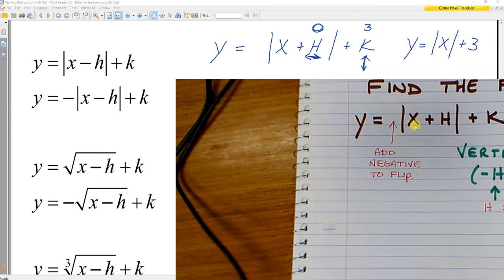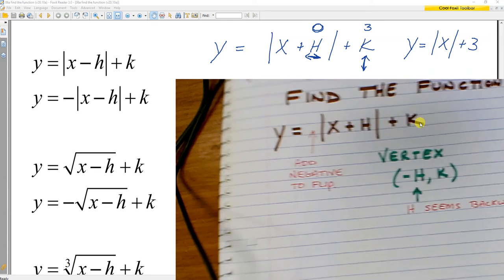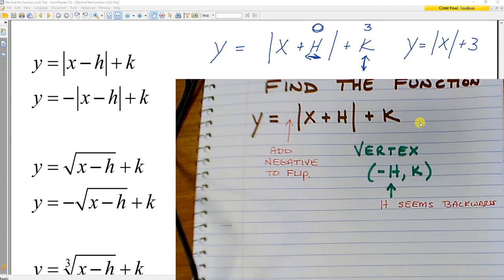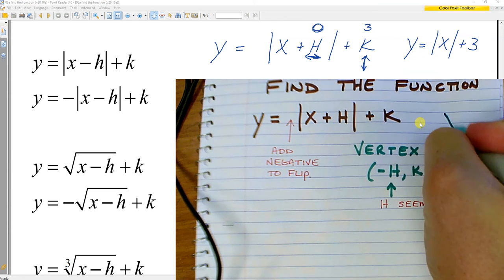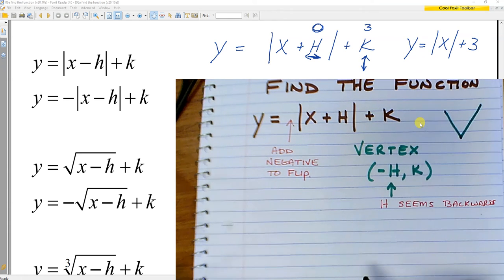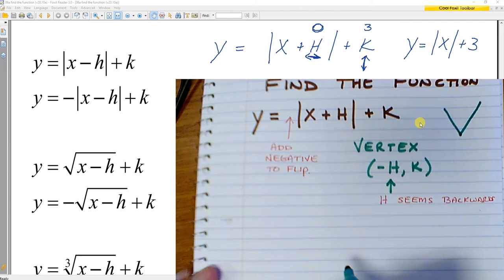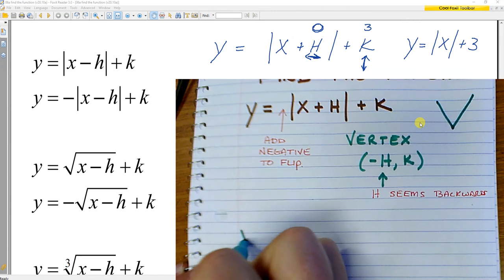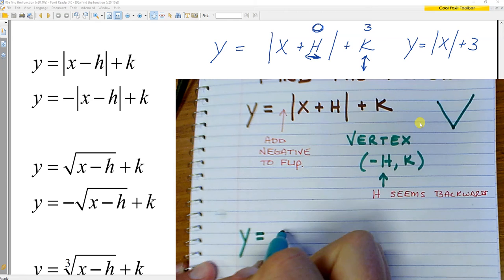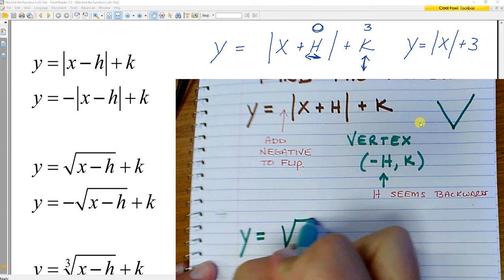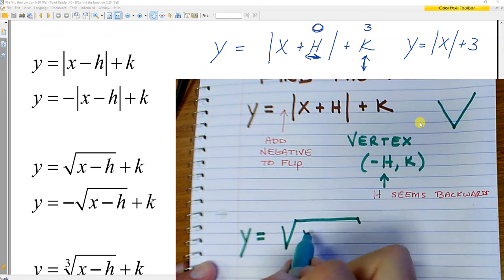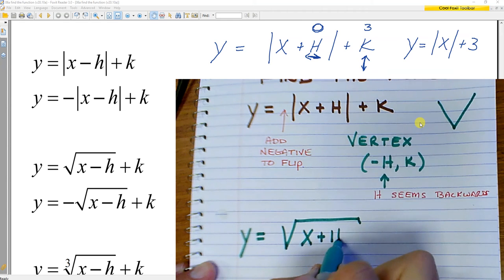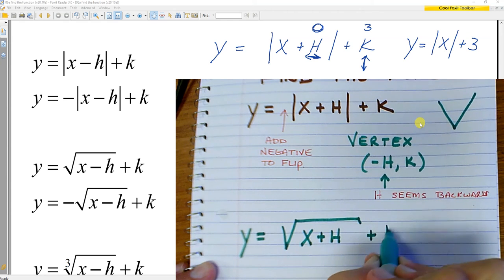And this works for all of these. So if I come over here to a square root function, before we finish this, let's give us the shape. This is a V. So let's do a square root function. y equals the square root of x plus h, plus k.